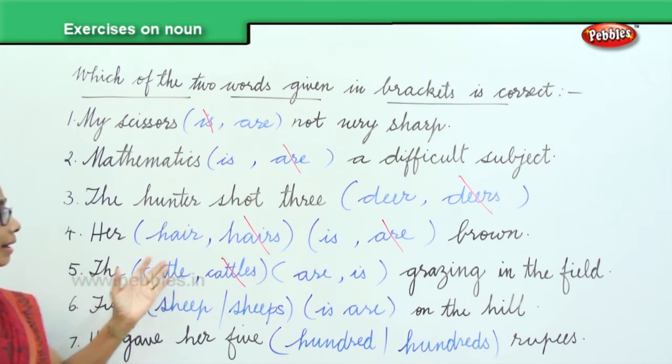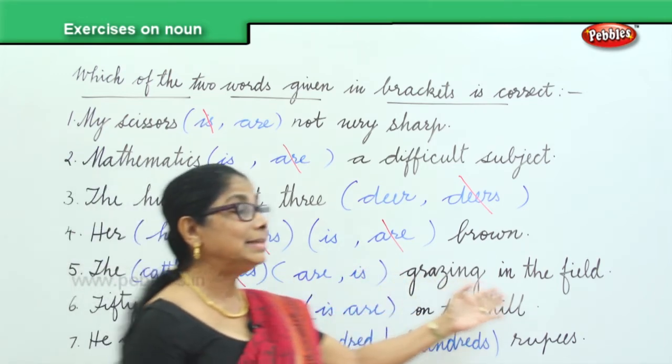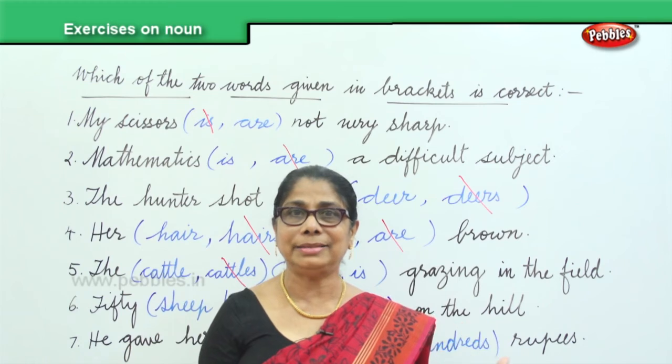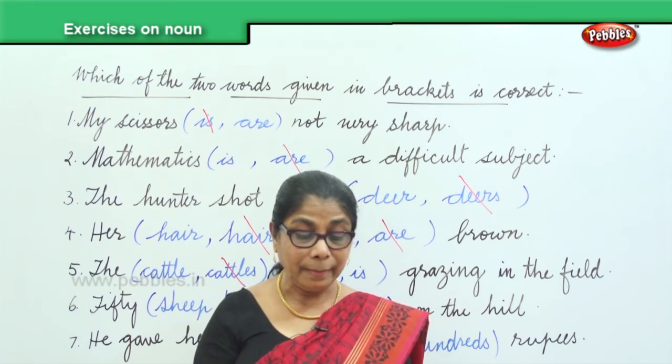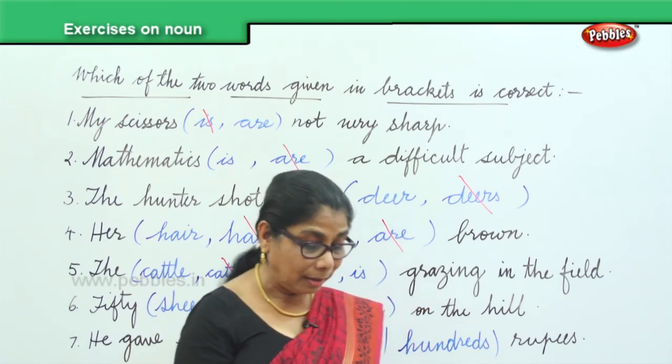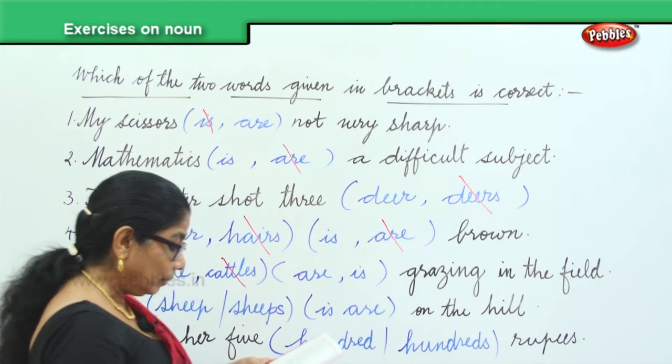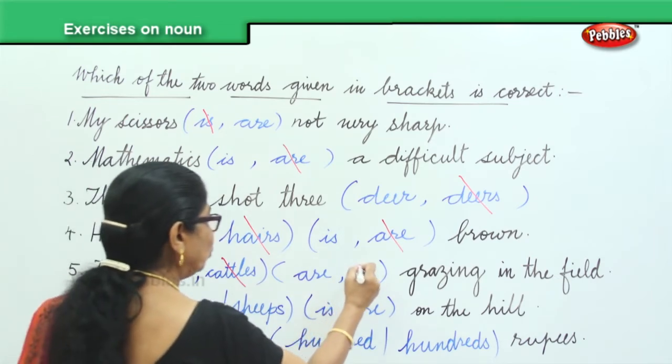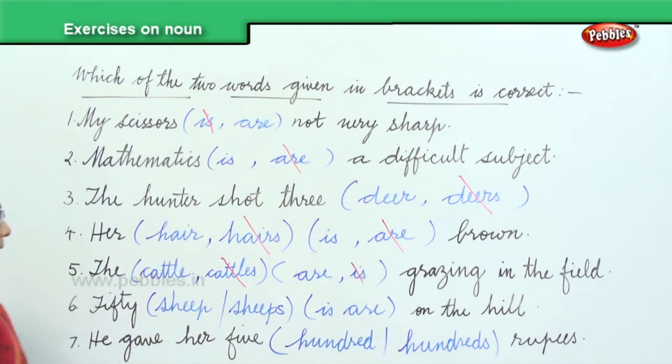So the cattle are grazing in the field. Are grazing, not is grazing. So we do not want is. The cattle are grazing in the field. That's how we say it.